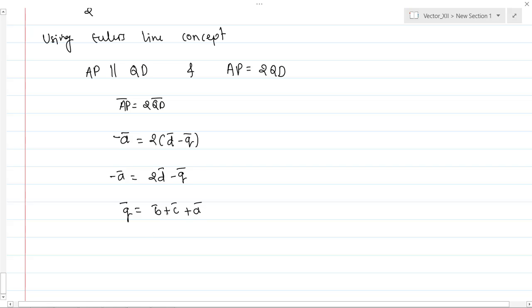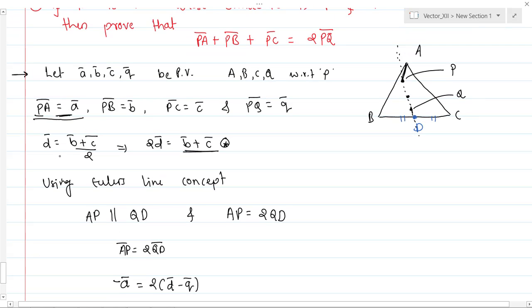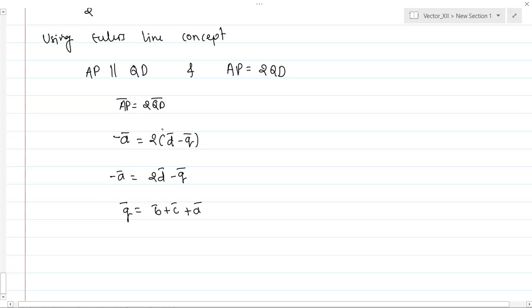A bar, B bar and C bar are nothing but the vectors PA, PB and PC, and Q bar is PQ bar. Replacing these vectors by their original vectors, this will be 2 PQ bar equals PB bar plus PC bar plus PA bar.